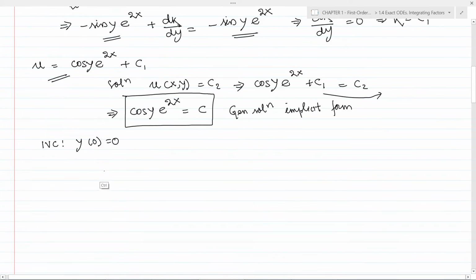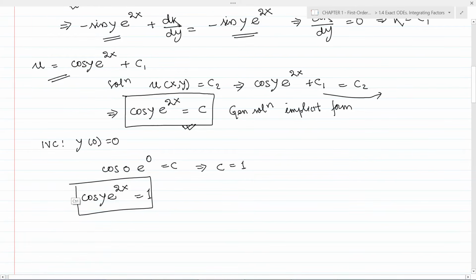From the general solution we can write cos 0 e to the power 0 equal to c, which implies cos 0 is 1 and e to the power 0 is also 1. So, this implies c equal to 1, and we can rewrite this general solution as cos y e to the power 2x equal to 1, and this is the particular solution of the differential equation.